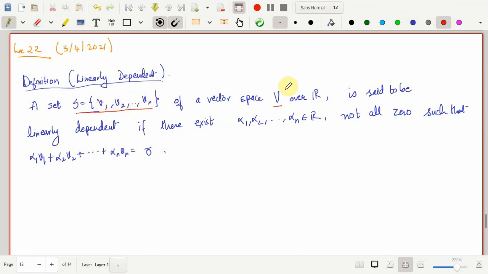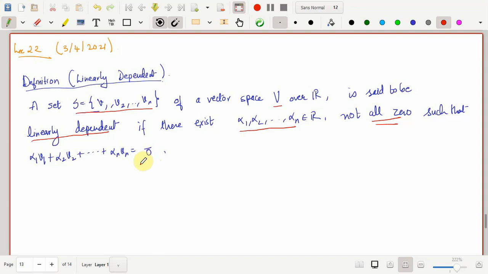This is said to be linearly dependent if there exist scalars alpha 1, alpha 2, ..., alpha n, not all 0. That means at least one alpha i from alpha 1 to alpha n is non-zero, but the linear combination of the vectors v1, v2, ..., vn is equal to the 0 vector.